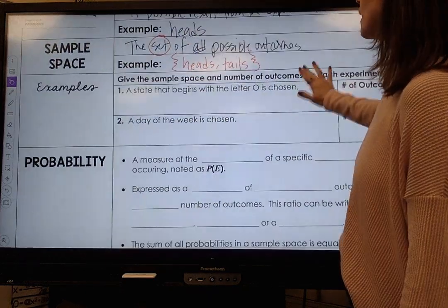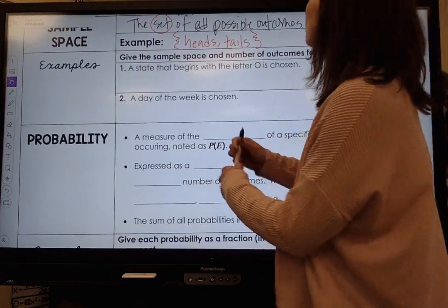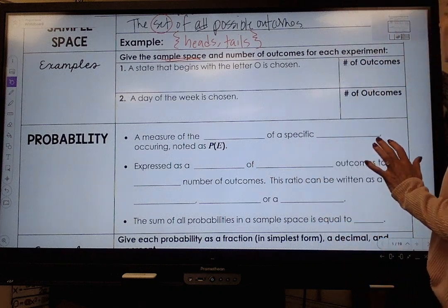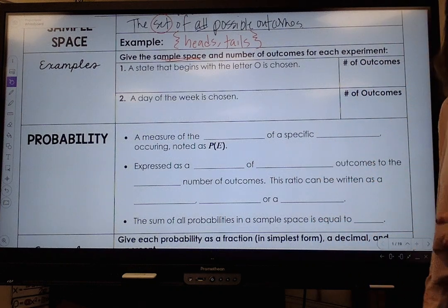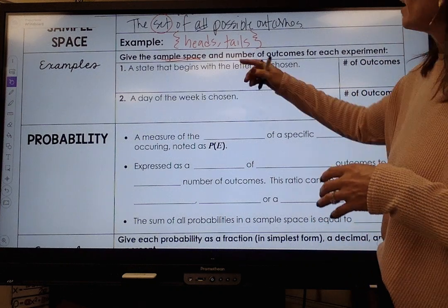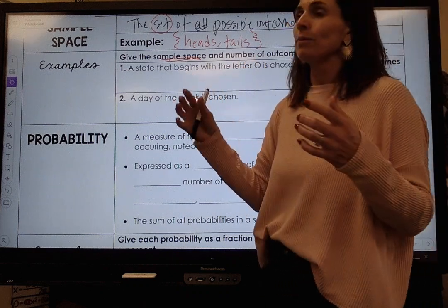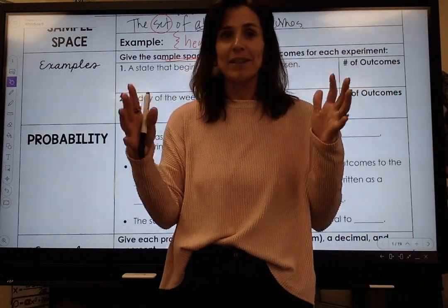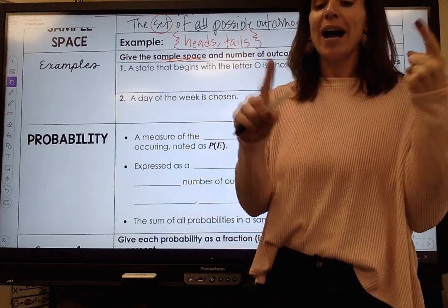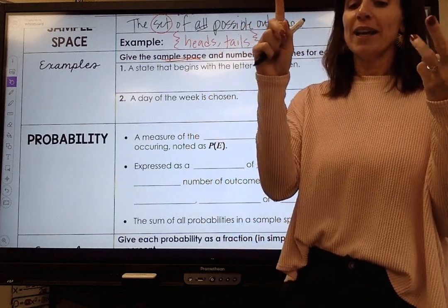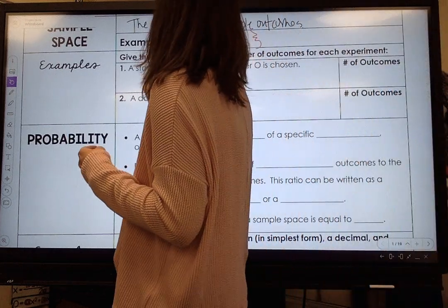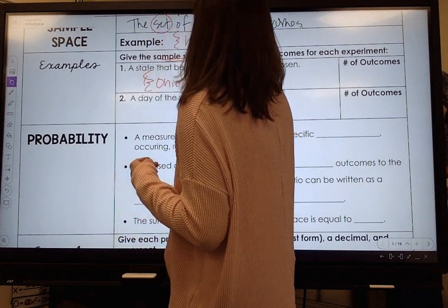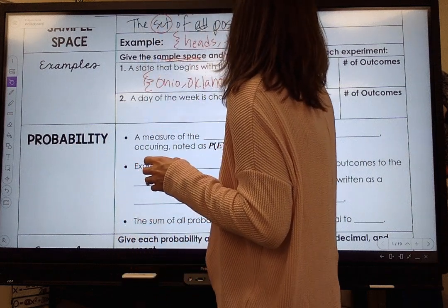All right, now let's look if we want to give the sample space. So we're looking for the sample space and number of outcomes for each experiment. So first we have to know a state that begins with the letter O, okay? If you've memorized your states in alphabetical order, Alabama, Alaska, Arizona, you've got Ohio, Oklahoma, and Oregon.